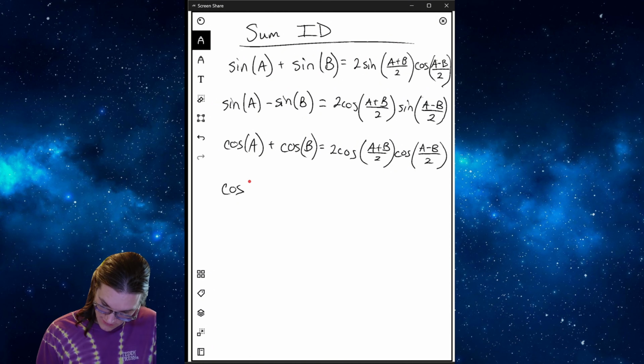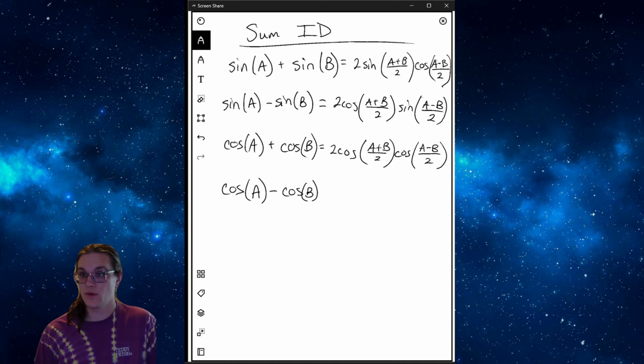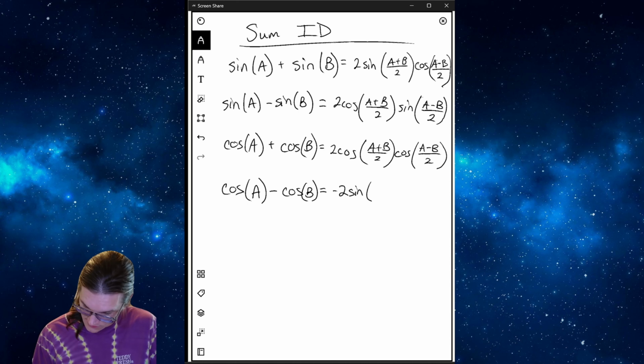And if you have cosine of the first angle minus cosine of the second angle, well, you have this weird minus 2 sine of (A plus B) over 2 times sine of (A minus B) over 2.